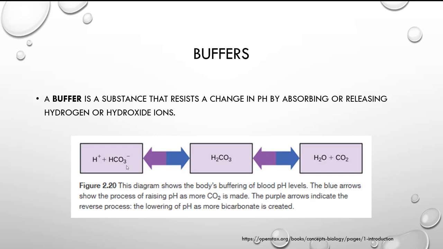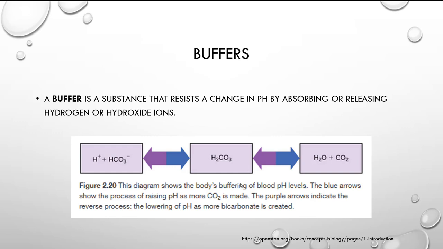If too many hydrogen ions enter the body, the bicarbonate will combine with them to form carbonic acid, and that will limit the pH from becoming too acidic.